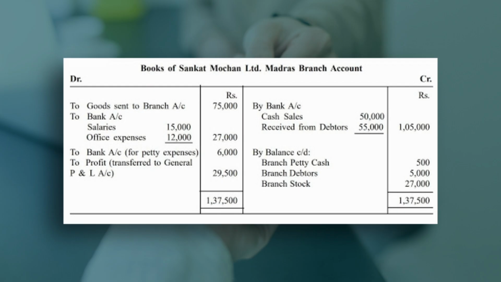Closing balance of petty cash 500, closing balance of debtor 5,000, and closing balance of stock 27,000. That way the total is 1,37,500. So, this is the branch account in the books of Sankat Motion Limited, which is the head office, and the Madras branch account is the branch account.